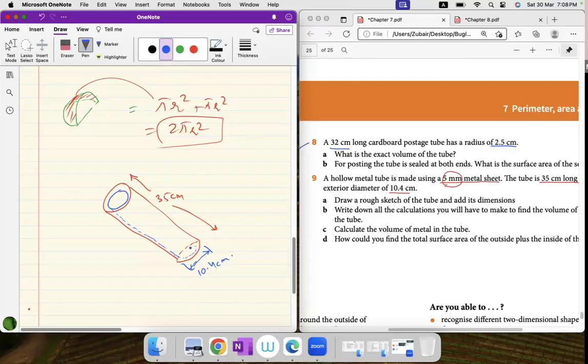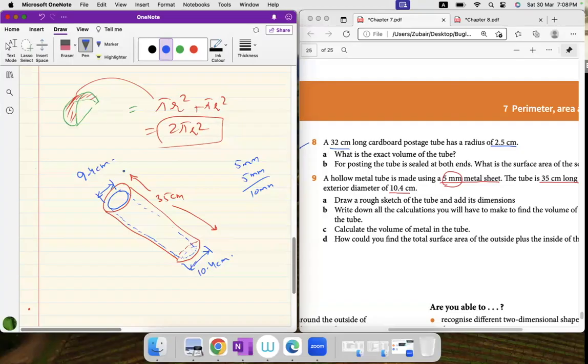So it's like that. And I may say that the interior diameter is 5 mm plus 5 mm makes it 10 mm, which is 1 centimeter. So that is 9.4 centimeters.